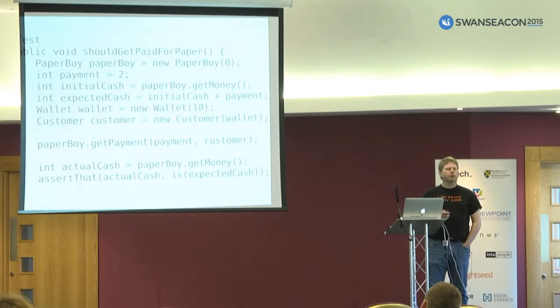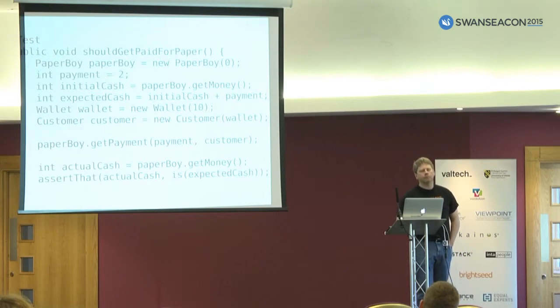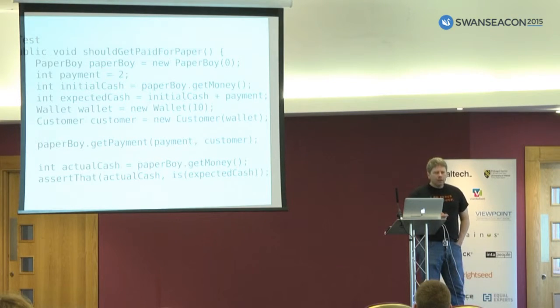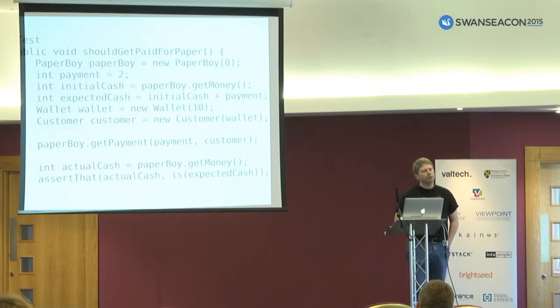How much money does this Paperboy carry? Get money is perhaps not a perfect method name here, but that's what I came up with. And then we should expect some kind of result: the initial amount of cash this Paperboy is carrying, plus the payment that the customer should give to it.